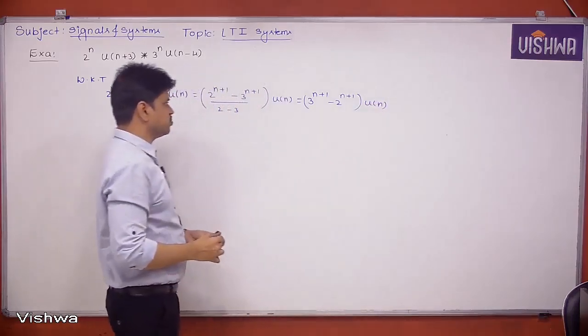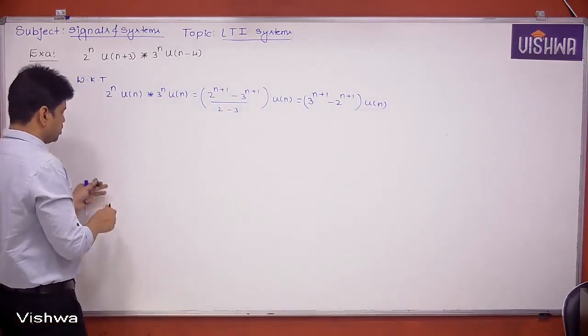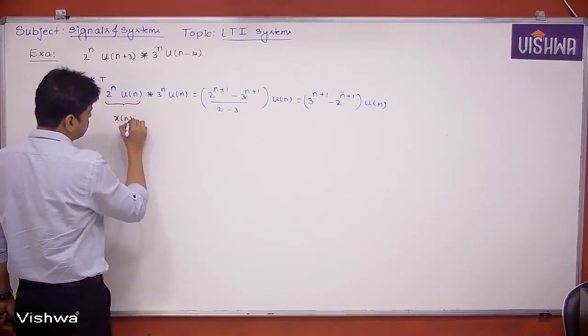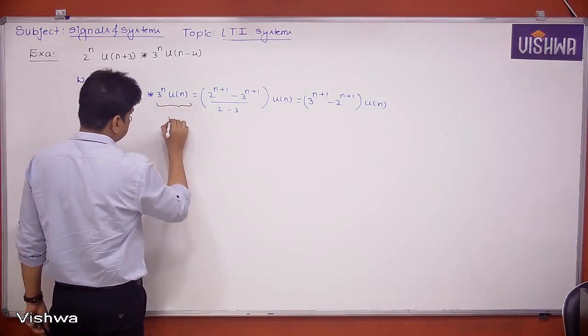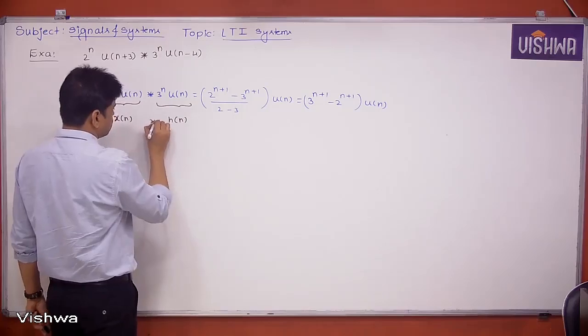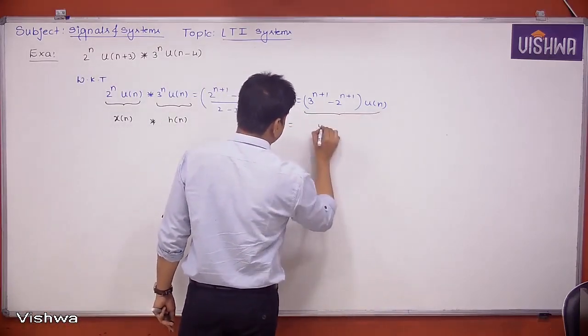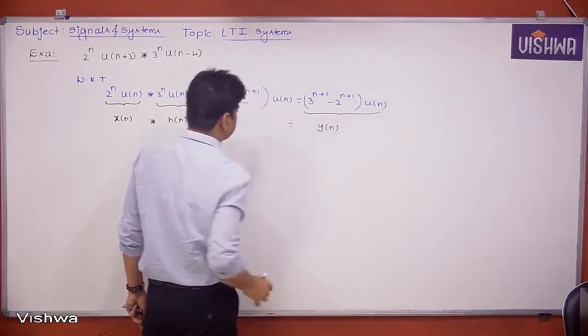That's what it is. Now if you observe carefully, let's call this x of n, let's call this h of n, convolution, then it is equal to, let's call it y of n.